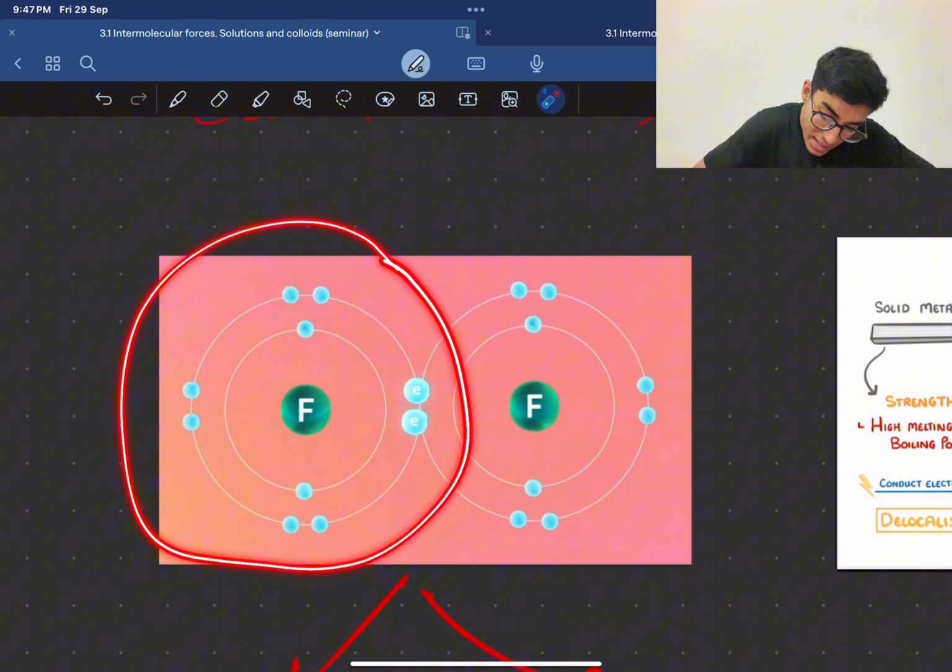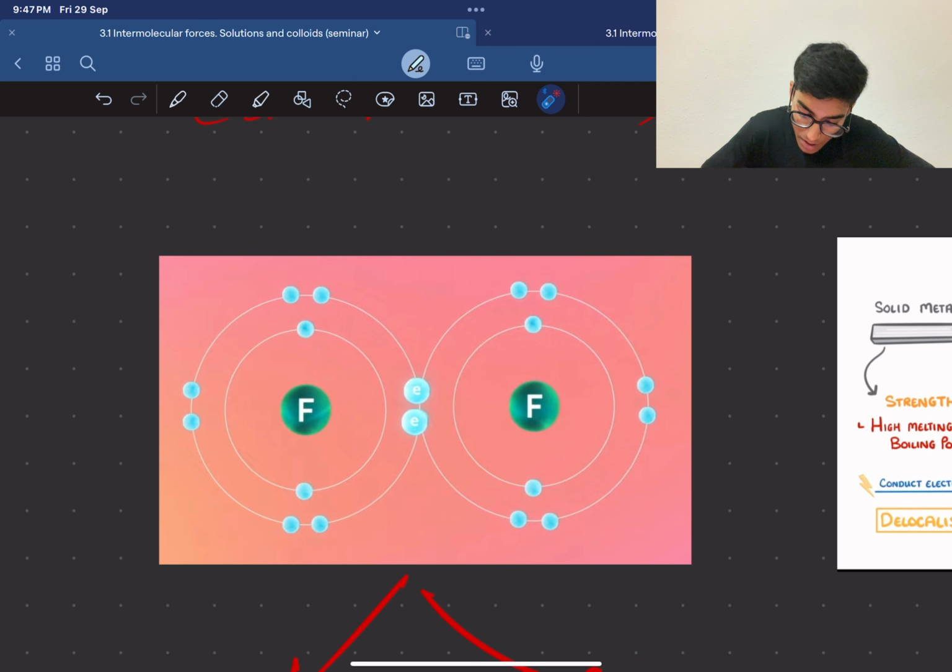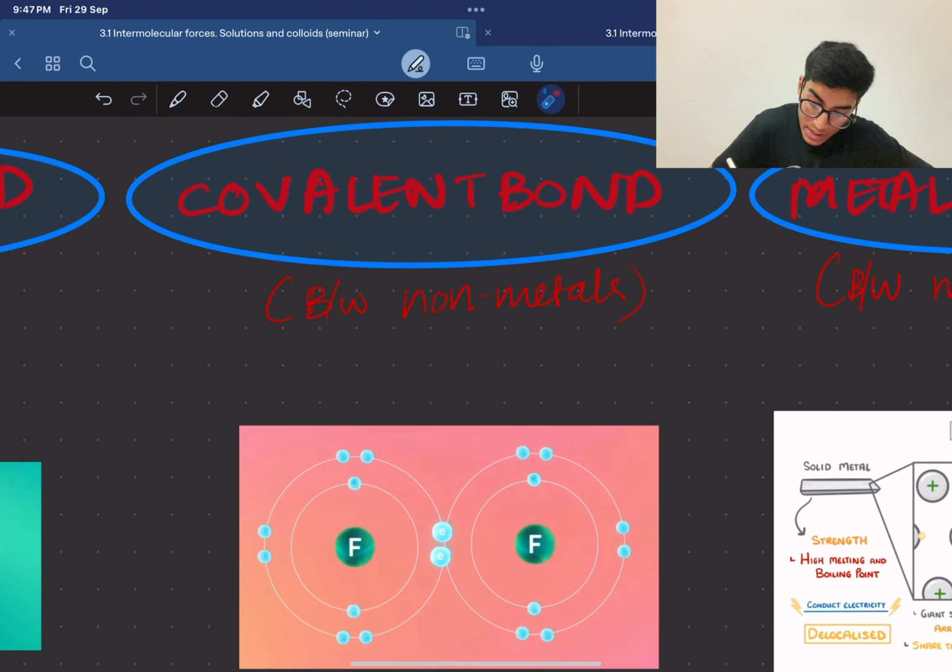And when we look at the other, the octet rule is also complete. What's happening is they create a sort of new orbital in which they are sharing these electrons. Because they are sharing electrons, they form a bond.